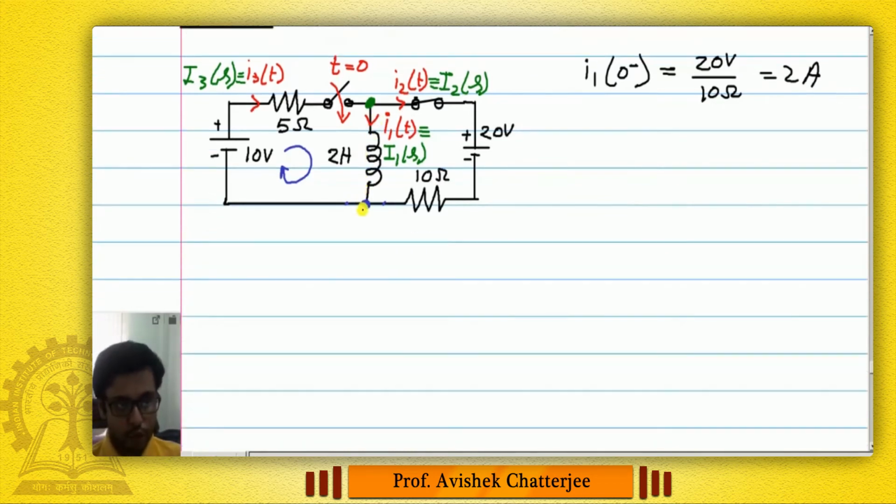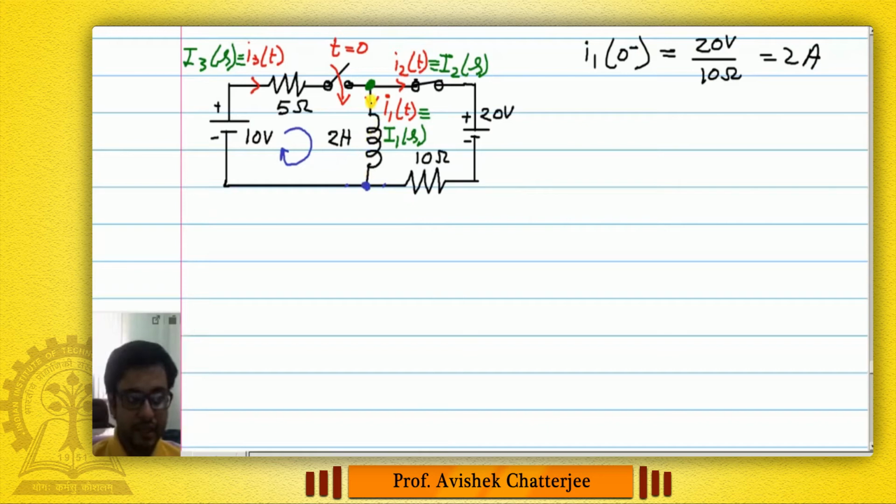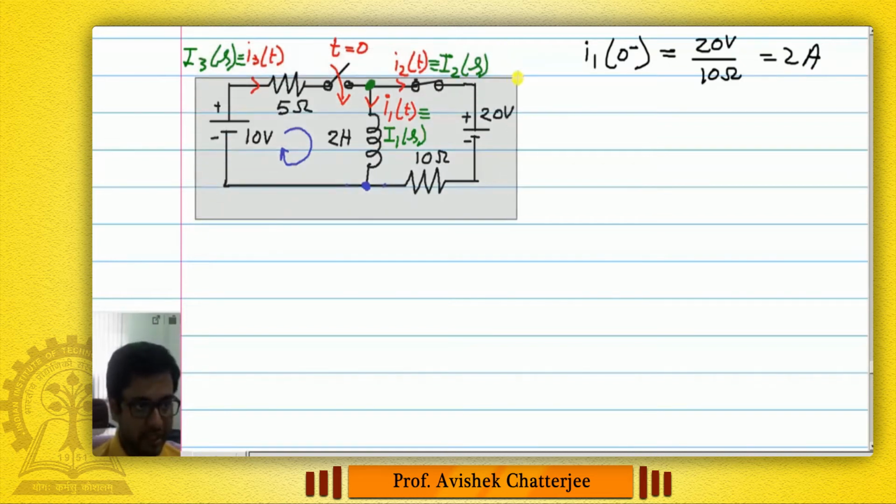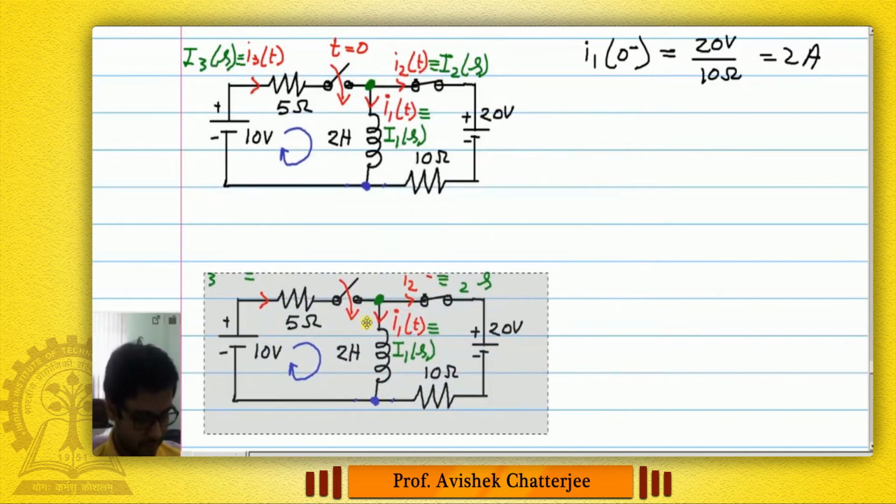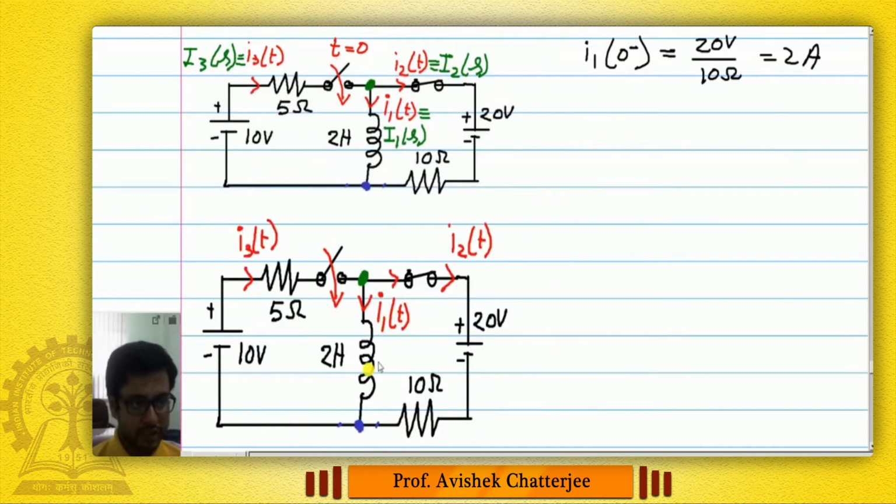Okay, how to find the function I1(t) as a function of time after the switch is closed? Let me just copy this circuit once. So this is the same circuit, but this inductor has some initial current.